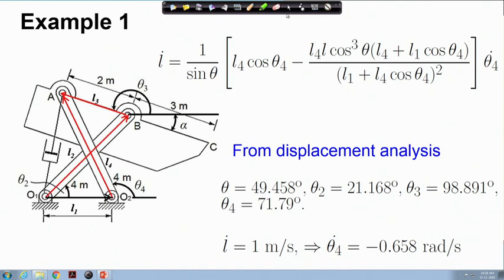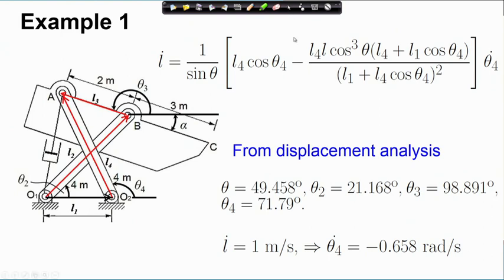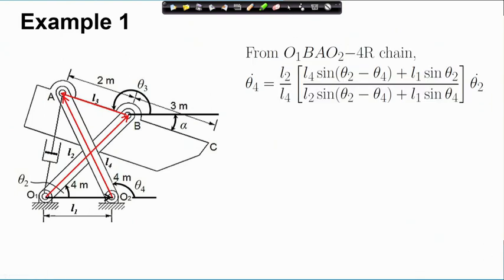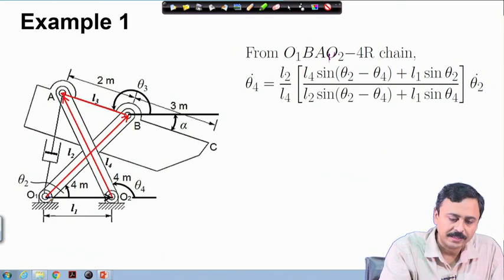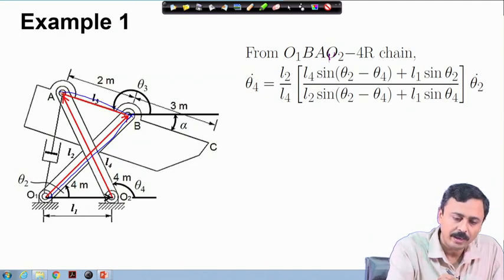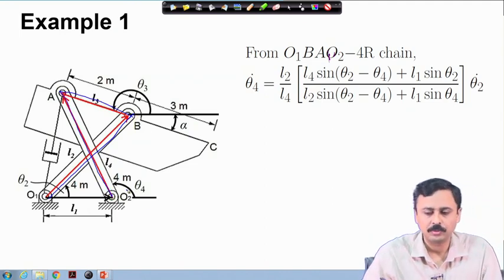Now, once we have theta 4 dot, we can use the relation between theta 4 dot and theta 2 dot and find out theta 2 dot. This was our relation which we have found from the analysis of this 4R chain. The 4R chain is O1 B A O2.